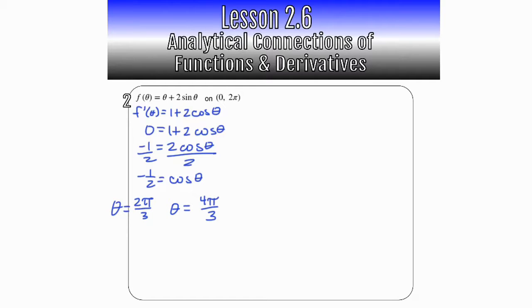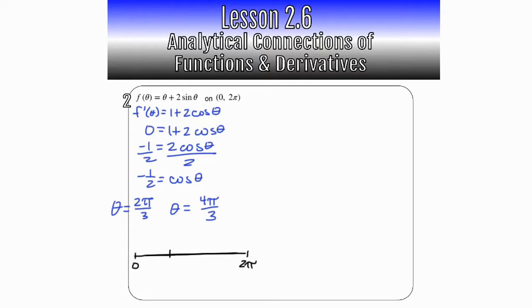So I'm going to do my number line here. Remember I'm going to go from 0, so I need to note that. So I really am not going to have arrows at the end of my number line. I'm actually going to have some endpoints there at 0 and at 2 pi, since I already restricted that.